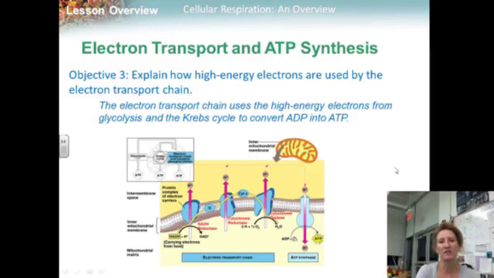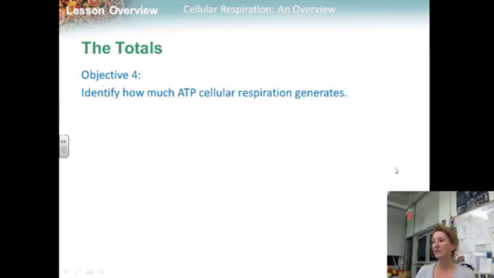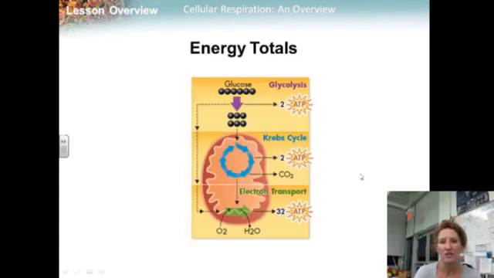All right, the electron transport chain uses those high energy electrons from glycolysis and the Krebs cycle to convert ADP into ATP. Now, how much ATP did we get from cellular respiration? How much did it generate? All right, the energy totals.